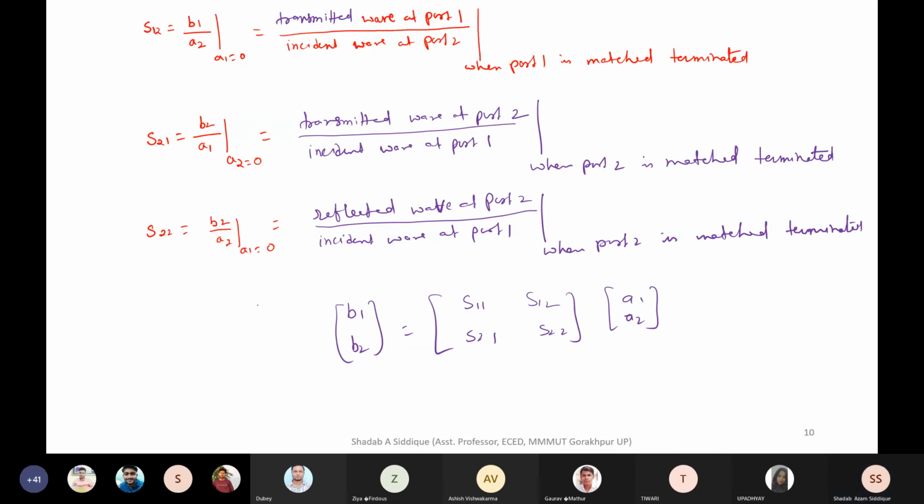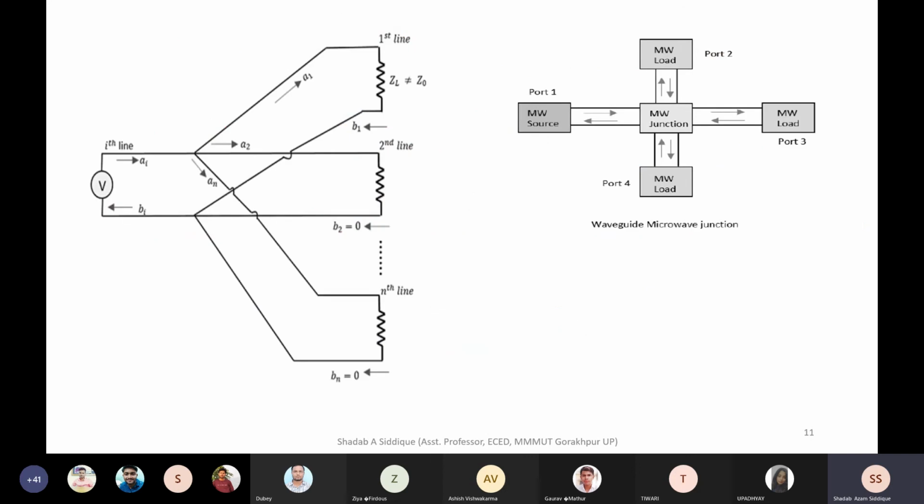Now we can go to the next slide. In this we have taken multiple ports, starting from port 1 to n. So the number of ports is 1, 2, 3, 4, 5 up to n.